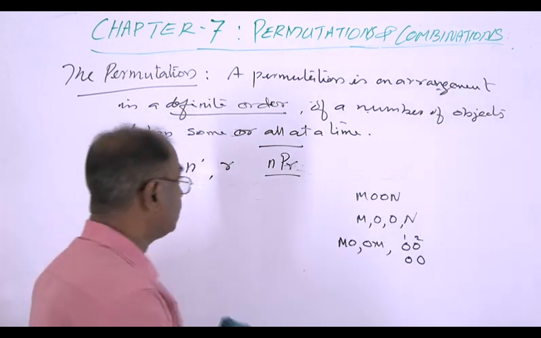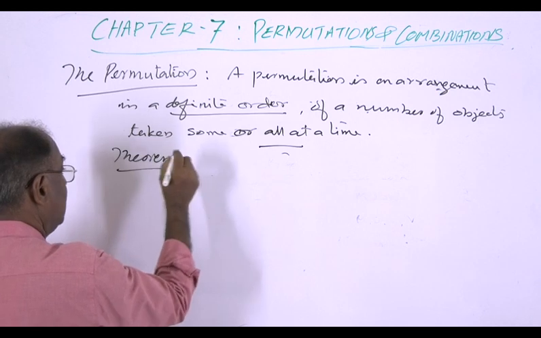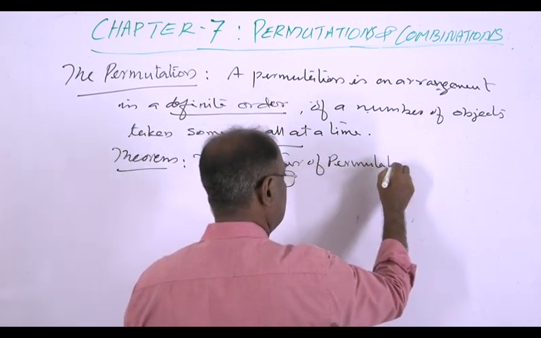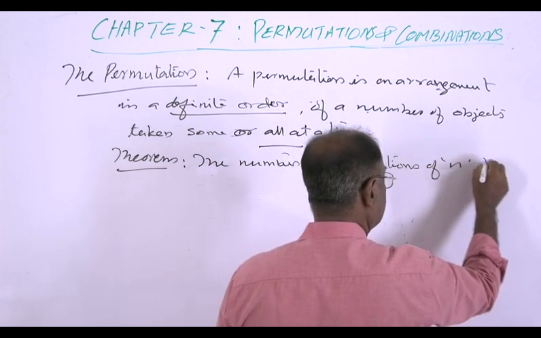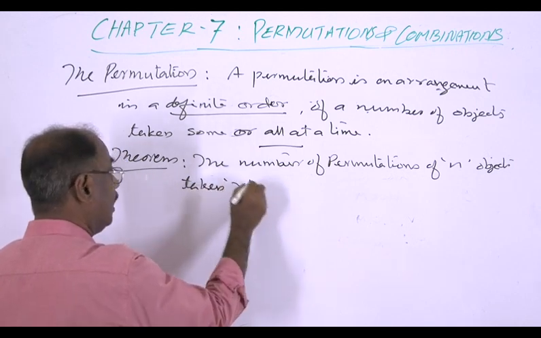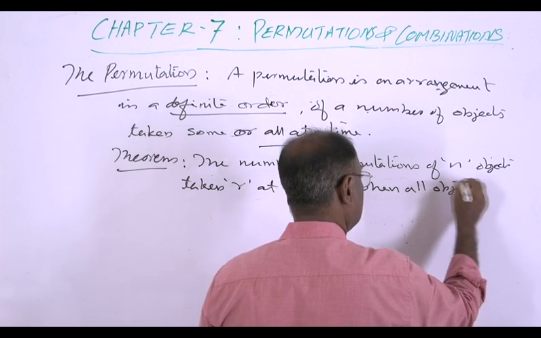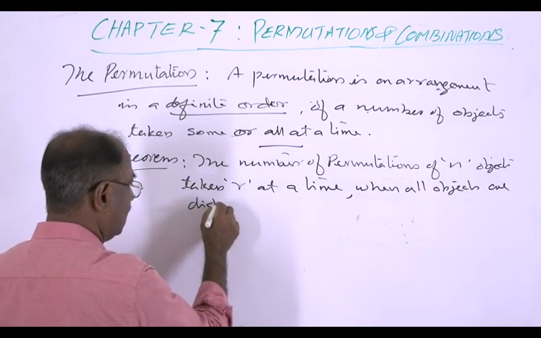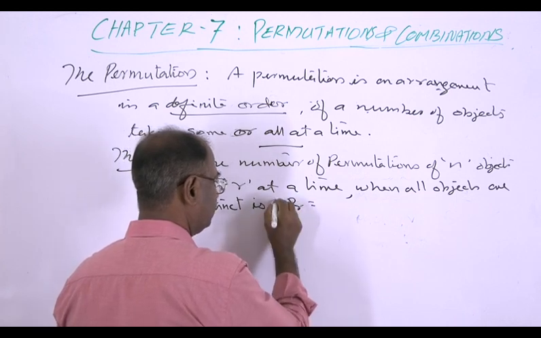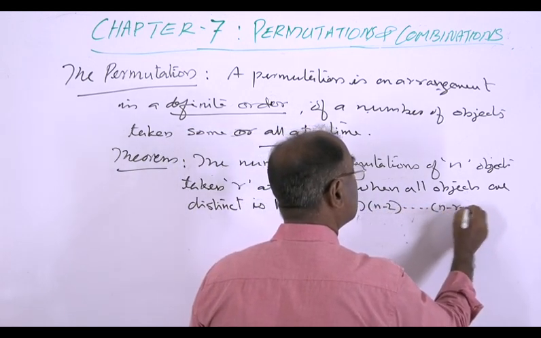The theorem: the number of permutations of n objects taken r at a time, when all objects are distinct, is given by nPr equal to n into n minus 1 into n minus 2 into etc. into n minus r plus 1.